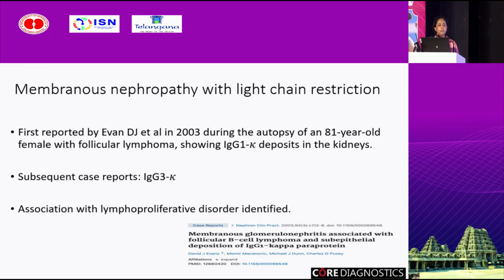Subsequently, a handful of case reports and small case series were reported, and in these biopsies, the dominant pattern was that of IgG3 with kappa restriction. Now, the clinical significance is not completely clear, and even the underlying pathogenesis is yet to be understood. However, an association with lymphoproliferative disorders has been identified.